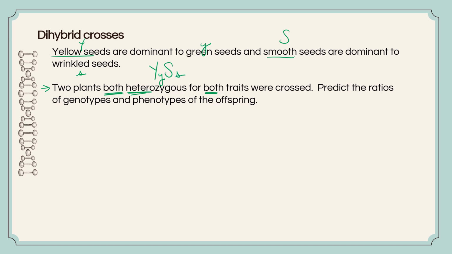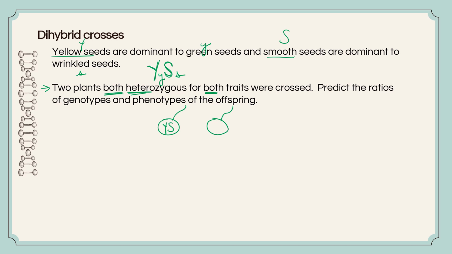Figuring out what potential eggs and sperm are possible from this giant genotype is way messier than what we just did. So we could have a sperm, let's do the sperm cells first, that has one big Y and a big S.